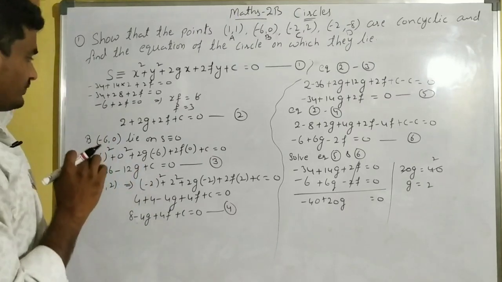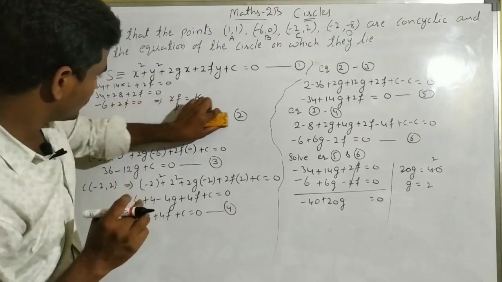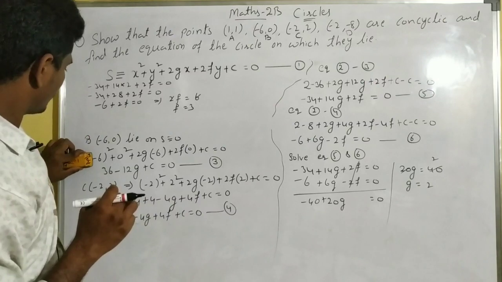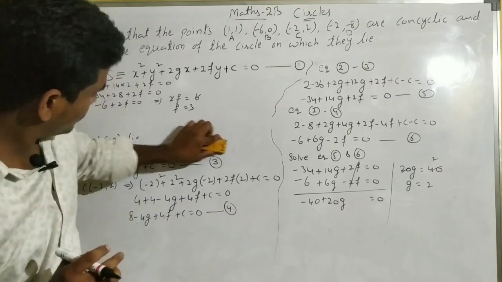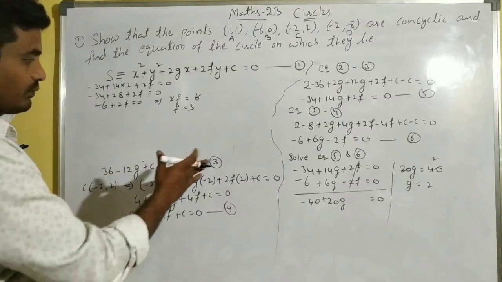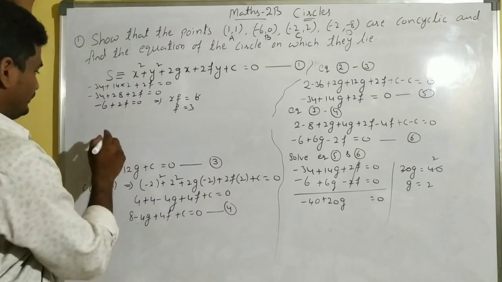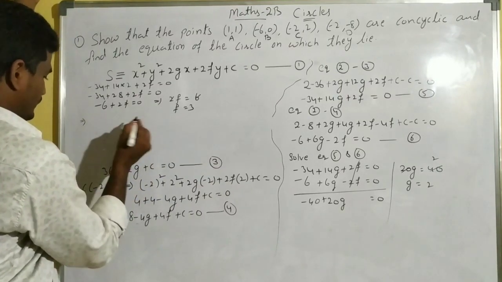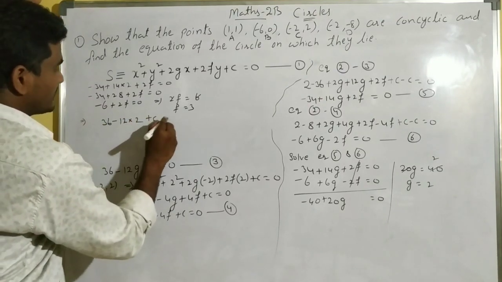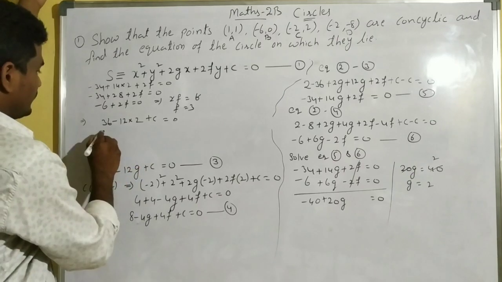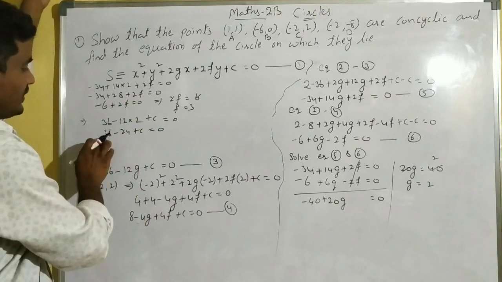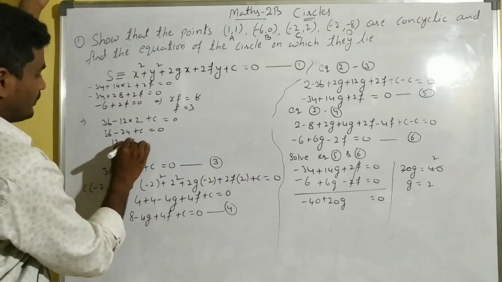So we will get the c value here. 36 minus 12 into 2 plus c equals 0. 36 minus 24 plus c equals 0. 36 minus 24 is 12 plus c equals 0.